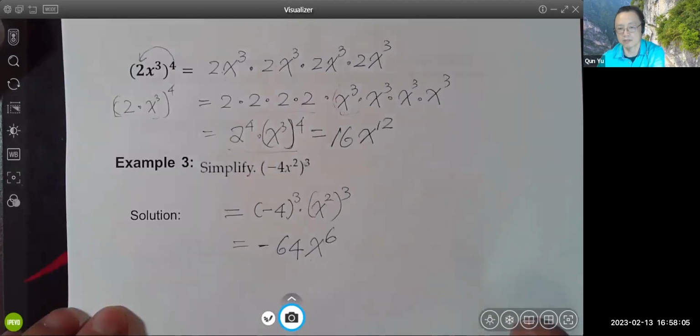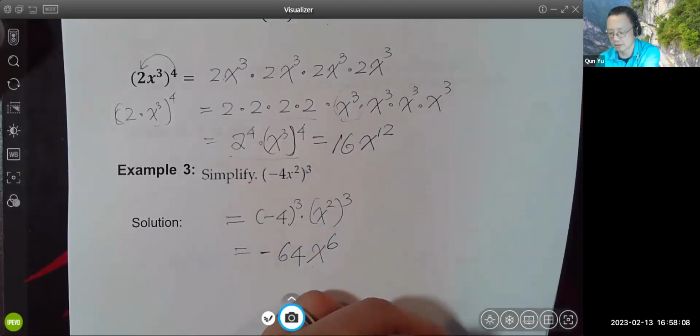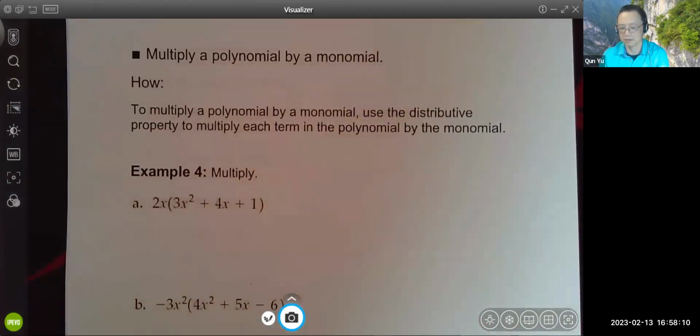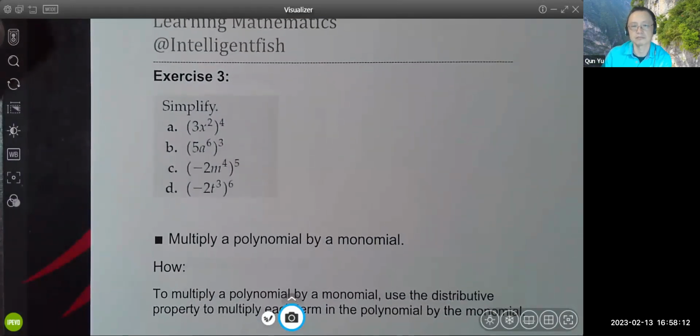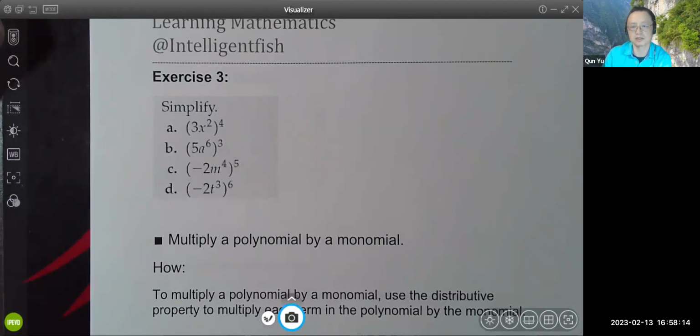I guess you're going to have another exercise set on the next page. Yeah, here it is. This is your exercise questions. Now we are getting closer and closer to our ultimate goal, which is to multiply a polynomial by another polynomial.